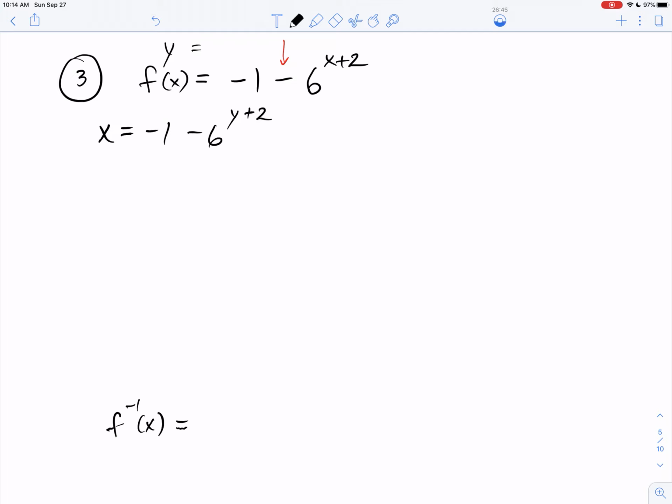I am now going to try and isolate the part that has the variable. So I'm going to add 1 to this side, and add 1 to this side. I'm going to get x plus 1 equals -6 to the y plus 2.